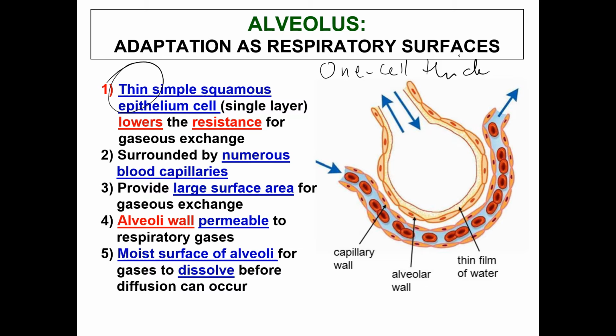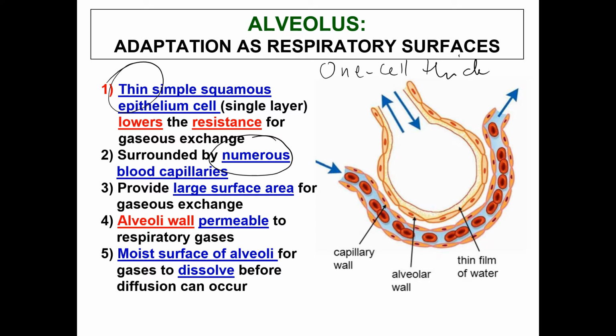The alveoli are surrounded by numerous blood capillaries. Why? The carbon dioxide comes from the respiring tissue, and blood transports the carbon dioxide from the respiring tissue to the lungs.